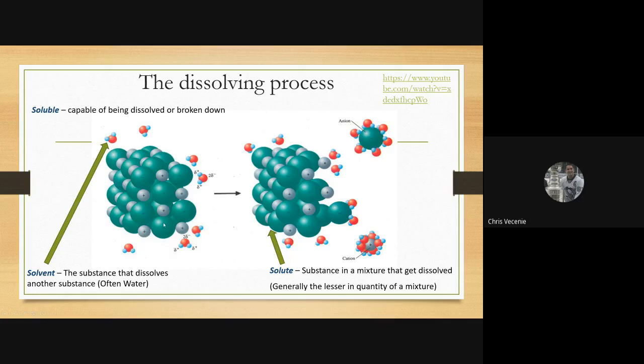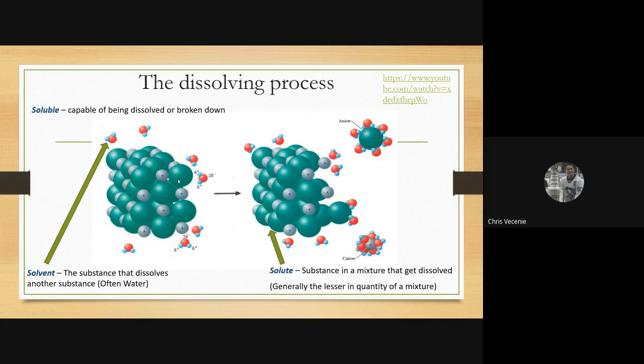And the general idea was that these solvent particles, the water, use their opposite charge attraction to grab onto one of the two charged ions in an ionic compound like salt. And if enough of them can gang up on it, they can tear a piece off.